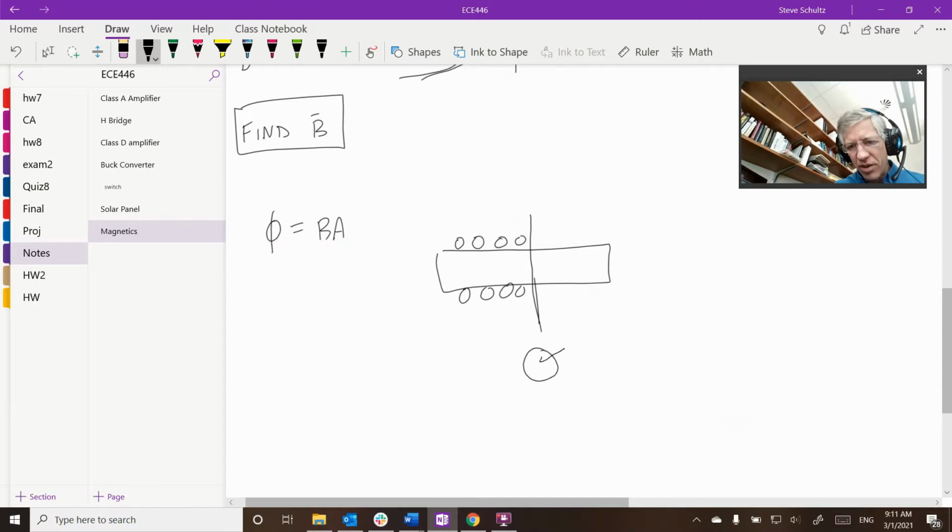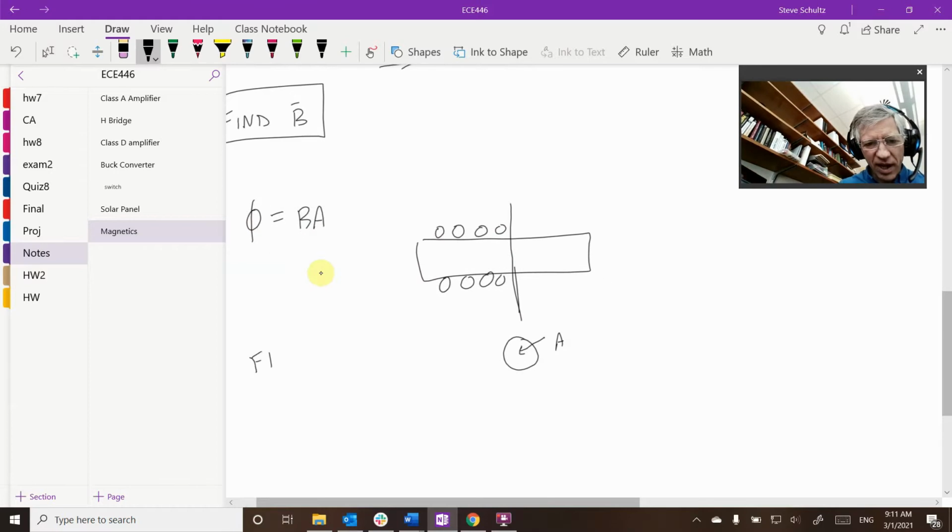So this circular bar is going to have some area. In this case, I'm just going to multiply my B times the cross-sectional area that's perpendicular to my magnetic field, and that gives me my flux. Okay, so we now have found our flux.